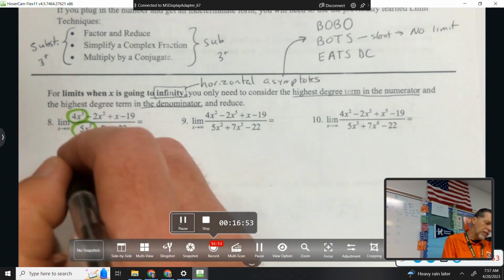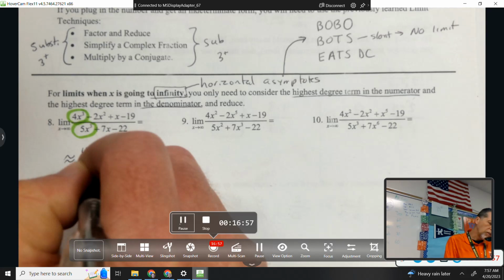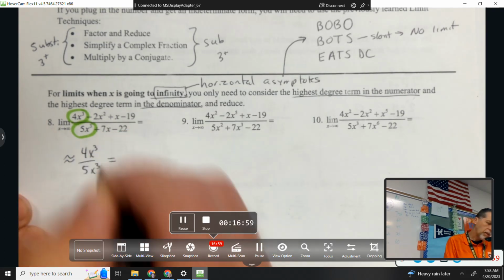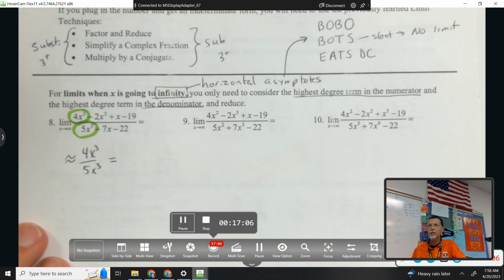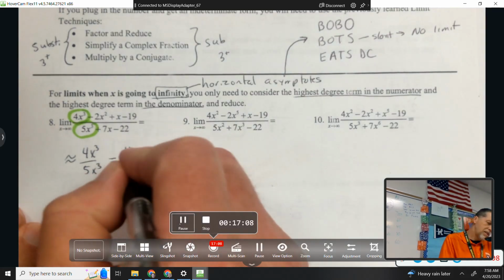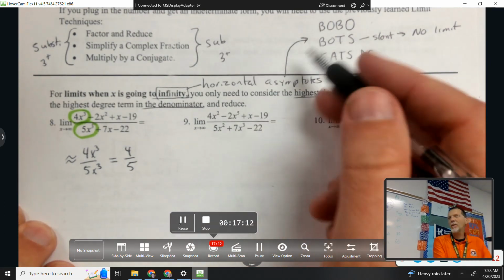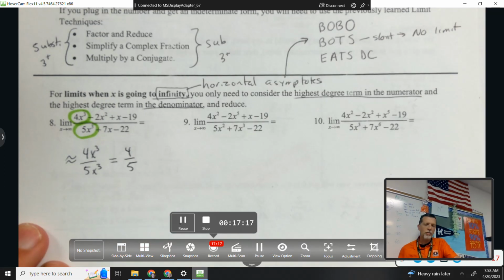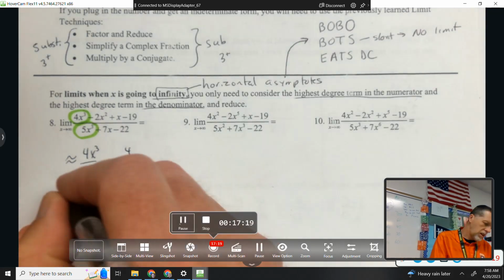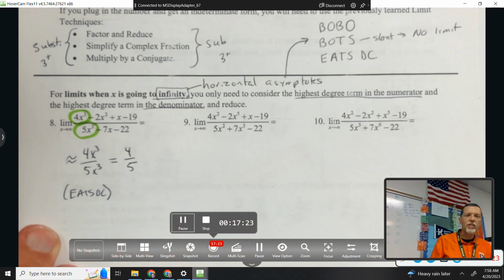This is really going to be similar to 4x cubed over 5x cubed. And what's 4x cubed over 5x cubed equal to? 4/5. So that's the each DC case, but you don't have to memorize the silly saying. You can just look at the biggest power and go from there. The answer is 4/5. Again, if you like the saying, that's the each DC case.